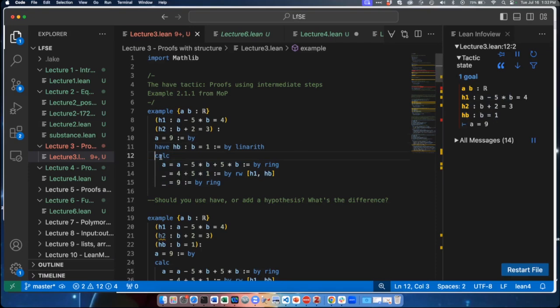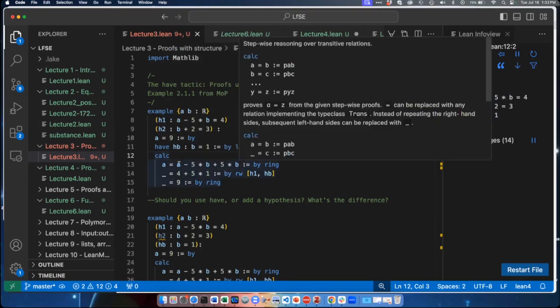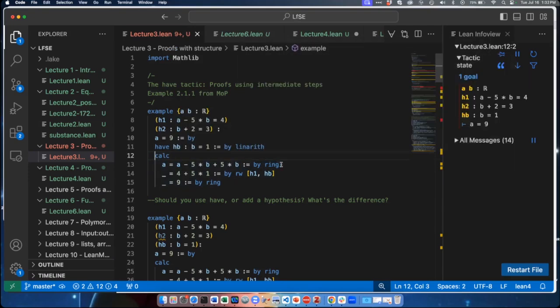So now when I step into this calc block, I can set up A is equal to A minus 5 times B plus 5 times B. This is going to be solved by ring. We were doing some examples like this last week. And now I do substitution.